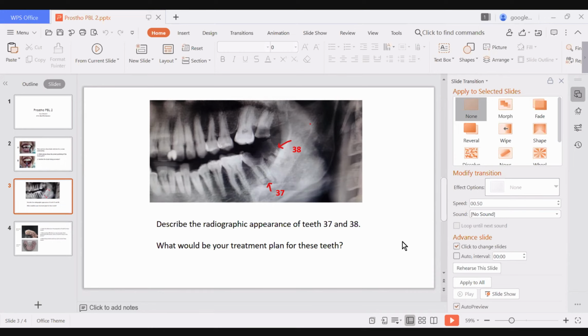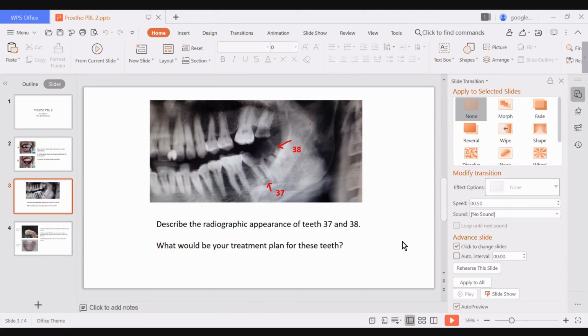You can see radiolucent areas on the coronal structure. When you answer a question like this, you have to assume that you haven't looked at the actual condition in the mouth. So like how Isaac answered, he mentioned that it's a possibility, it may indicate. That's how you should answer.